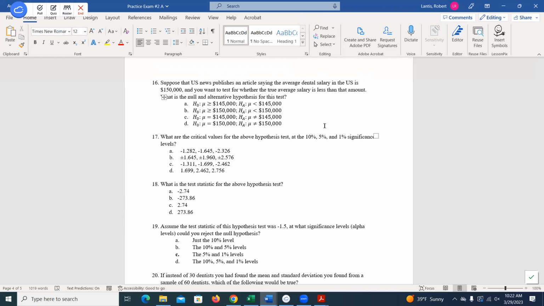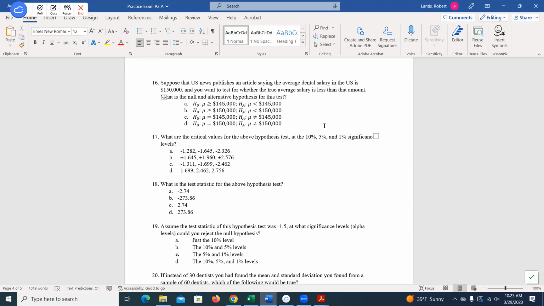So if I'm trying to just identify the null and the alternative, it's always best to start out with that alternative. We usually phrase things in what we're trying to find, what we're trying to test for. So what I'm trying to test for here is that true mean for dentist salaries less than 150,000?